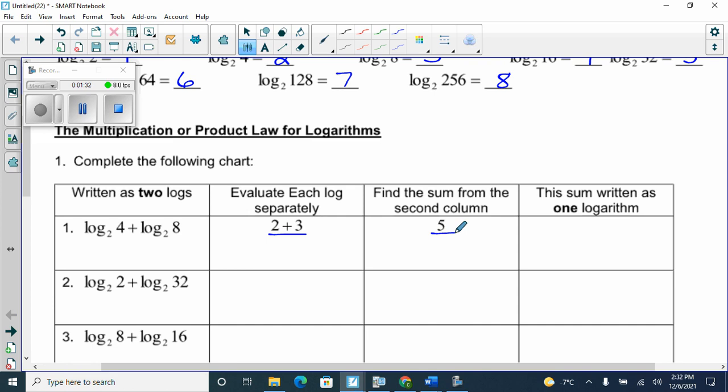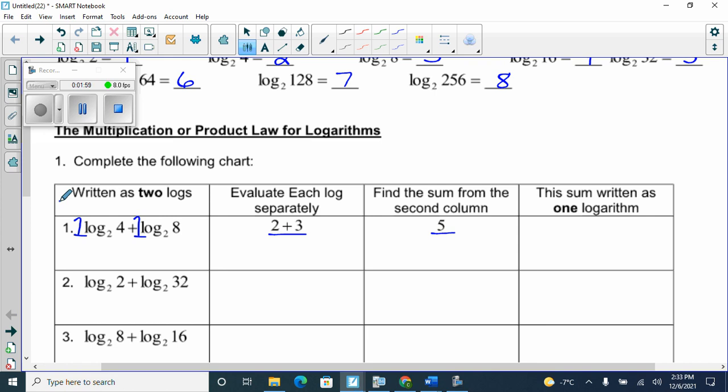If we write it as a single logarithm, I told you that when we have additions, the key thing is that they have to have plus 1s in front. If they're not 1s, we have to do something with them before we can put them together. We'll have to do a power rule. So if they have plus 1s in front, we can put them together by multiplication.